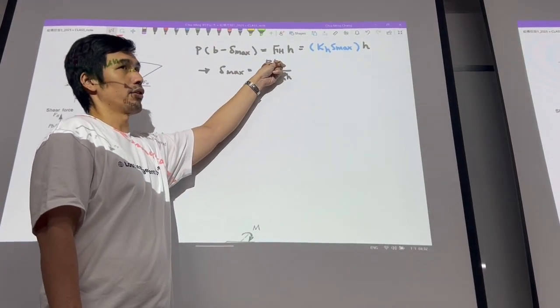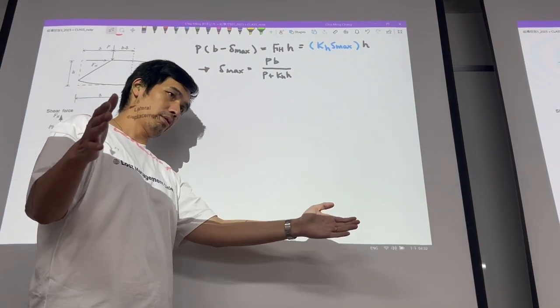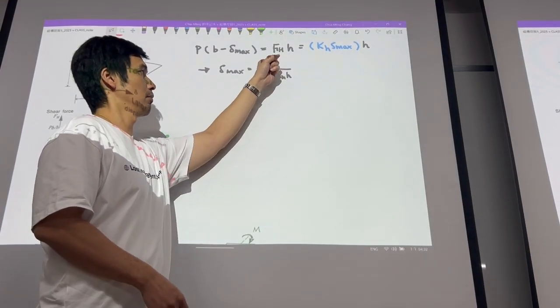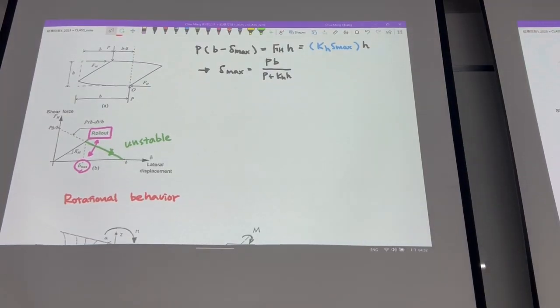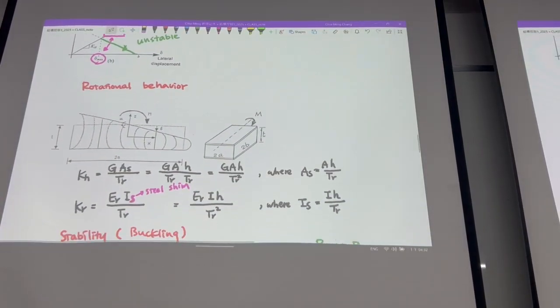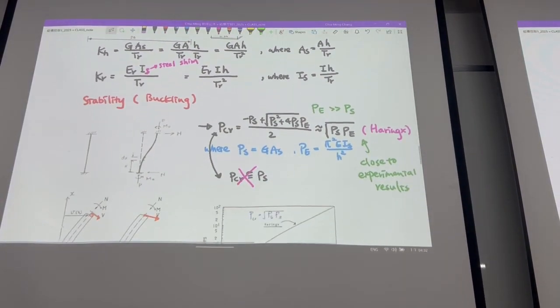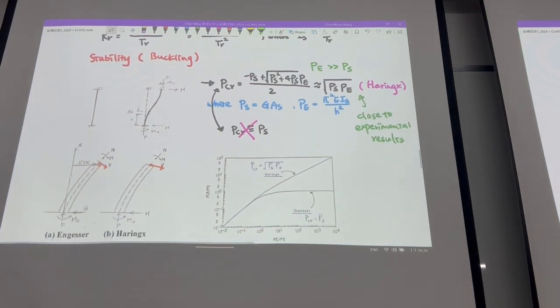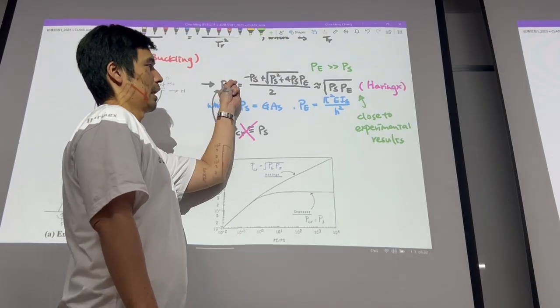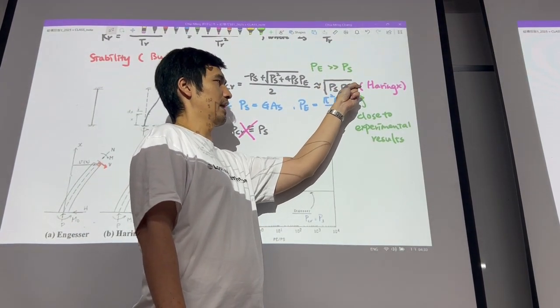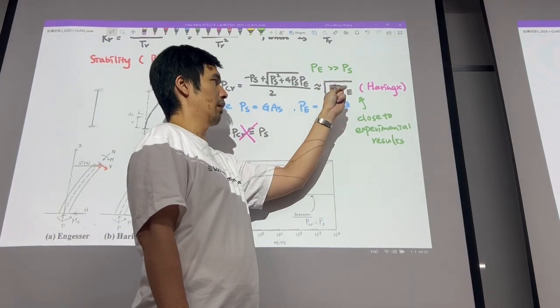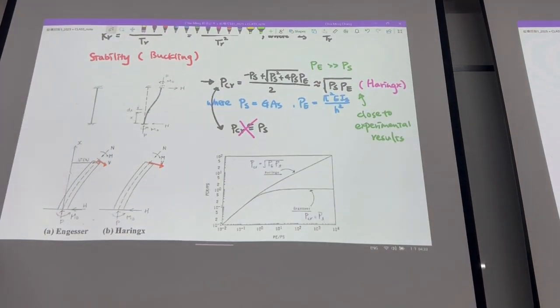If you increase the width of your rubber barrel, then you can increase this delta max. The other is all about your elastic buckling and also the shear force.